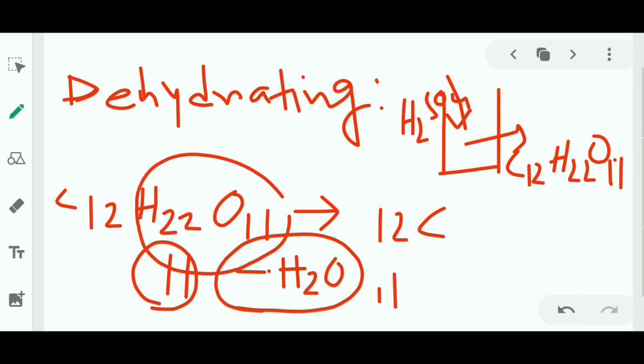Another property of H2SO4 is that it displaces other acids from their salts. Whenever a chloride or a nitrate salt is heated with concentrated H2SO4, hydrochloric acid and nitric acid are set free. Like if NaCl, sodium chloride, common salt, is heated with H2SO4, then which acid is produced?